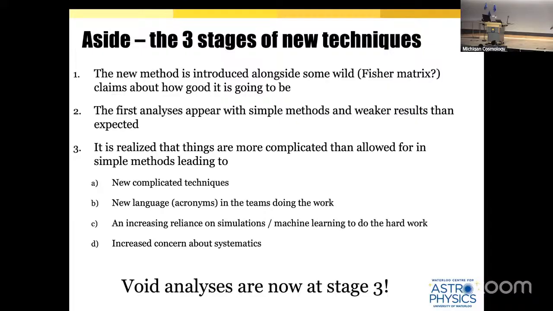We need complicated techniques to get rid of all of these systematic problems. A new language has been developed in the teams developing the work, including an awful lot of acronyms about different aspects of it. There's an increasing reliance on simulations or machine learning to do the hard work of understanding what's going on. And there's increased concern about systematics, and basically grad students are brought in to do all the worrying.